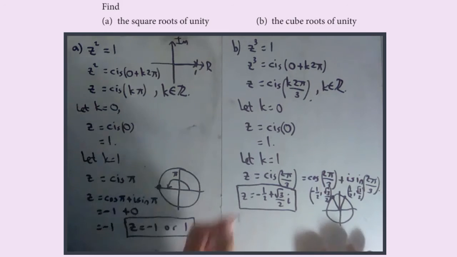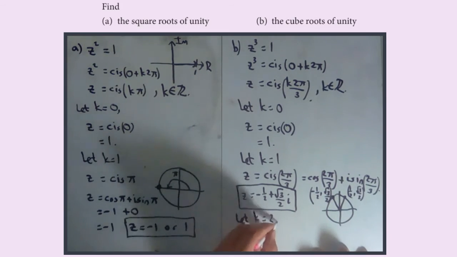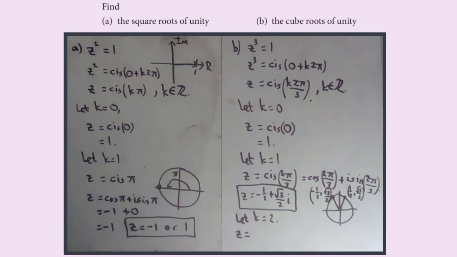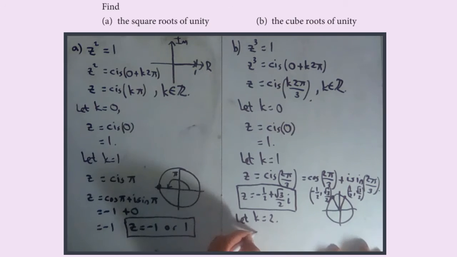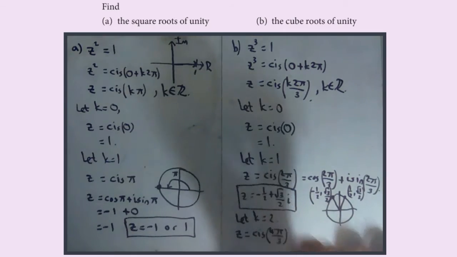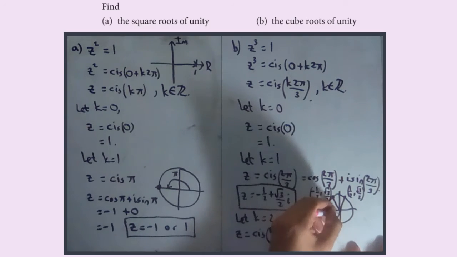And then we can let k equal 2. That means that z is going to equal, you've got 2 times 2 pi over 3, which is 4 pi over 3, so cis 4 pi over 3. Pi over 3 is 60, 4 pi over 3 is going to be, well, 4 sixes are 24, 240 is down here, right?